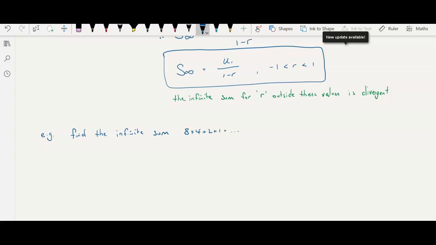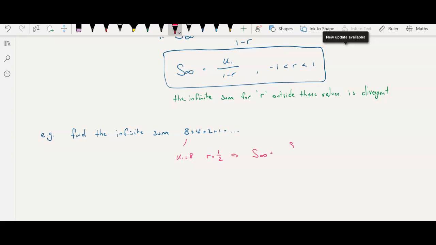My u1 is equal to 8. My r is equal to 4 divided by 8, or 2 divided by 4, or 1 divided by 2, it's a half. So I do have a convergent infinite sum here, and I can now go and find it.